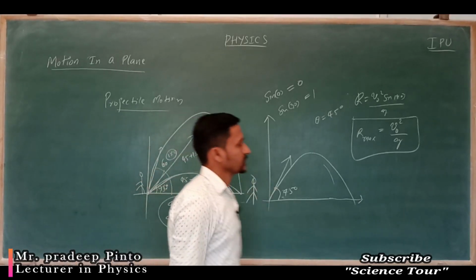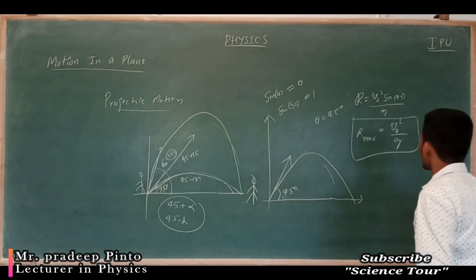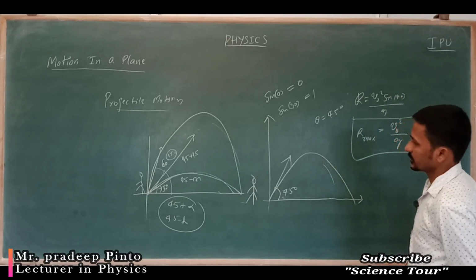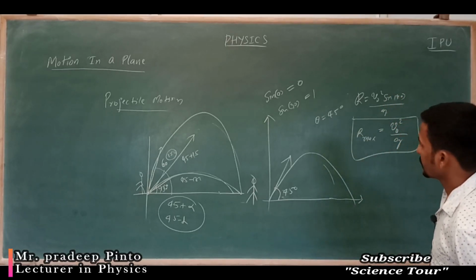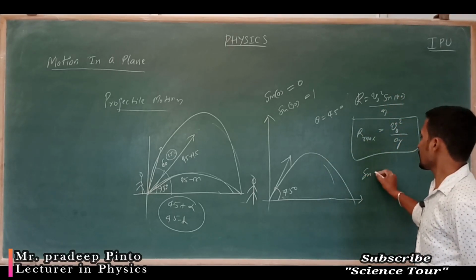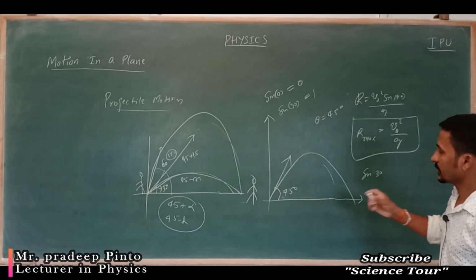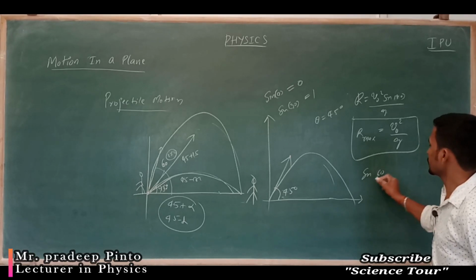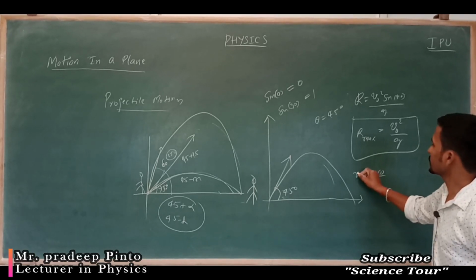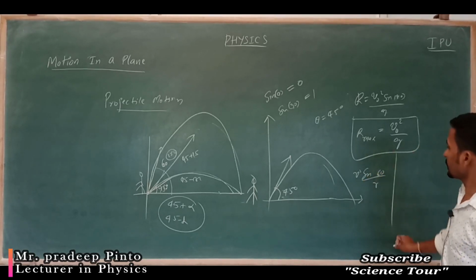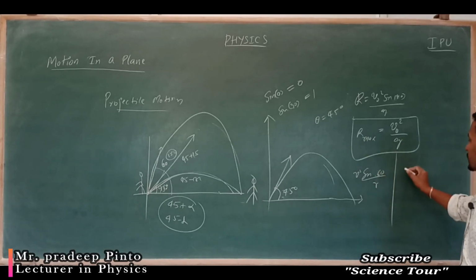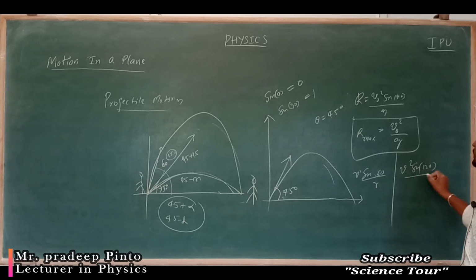You can calculate here for the same angle. If you keep sine 30, it becomes sine 60, divided by g, into v squared. Sine 60 means v squared sine 120 divided by g.